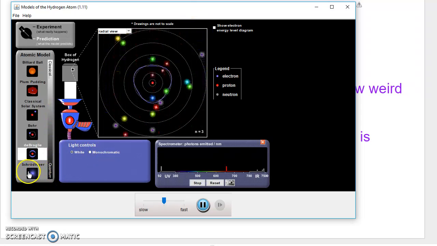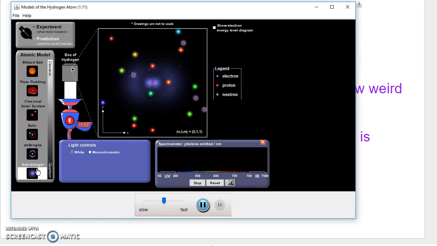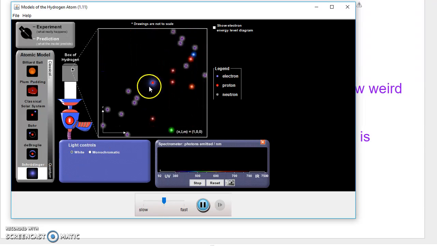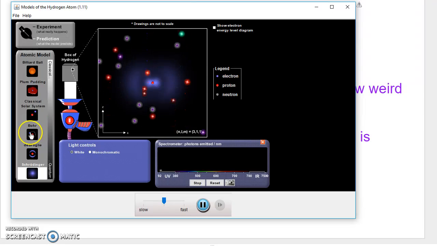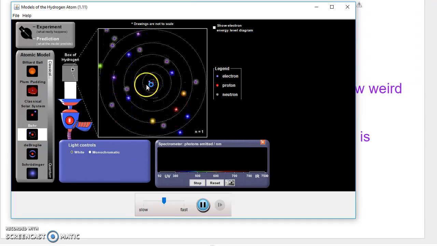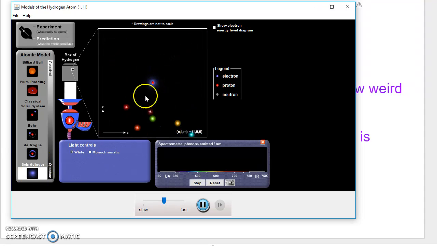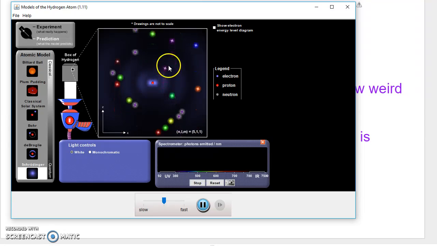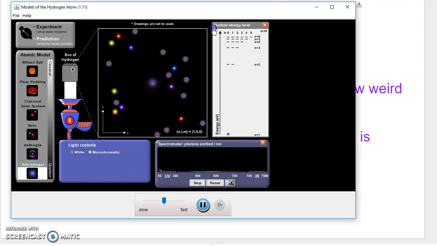Now, the next scientist is Schrodinger, and he came up with an even wilder theory, that the electrons can't really be said to be in any one spot. So we can't say that there are these little circles orbiting in a circle. We can't even say that there's these waves going around. They are regions of probability, and this is what the regions look like.